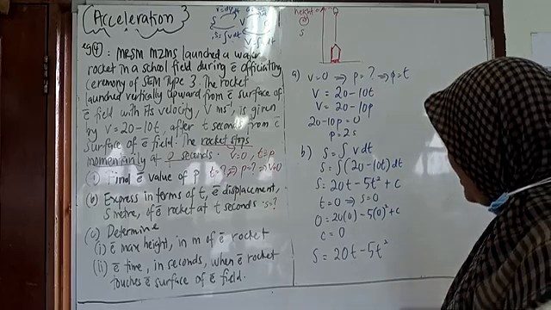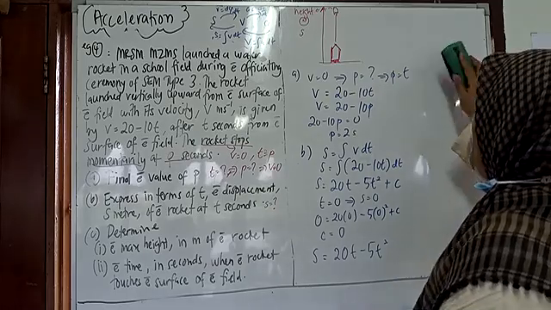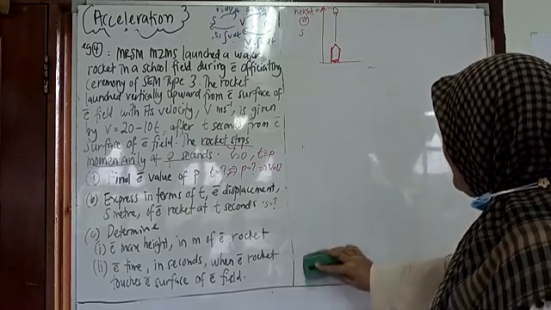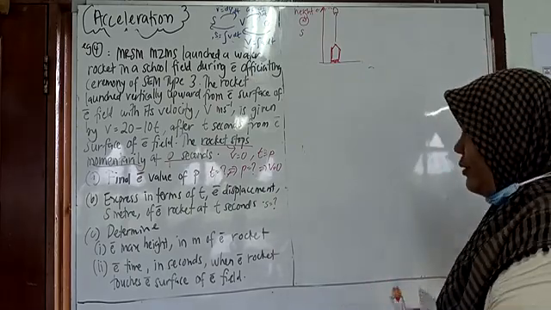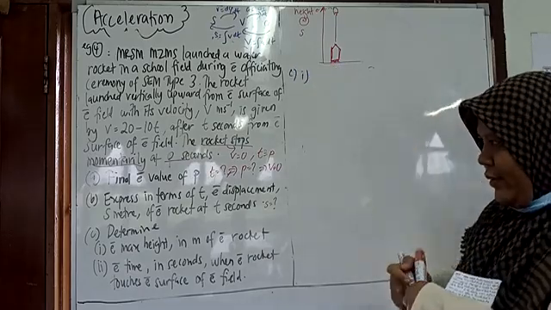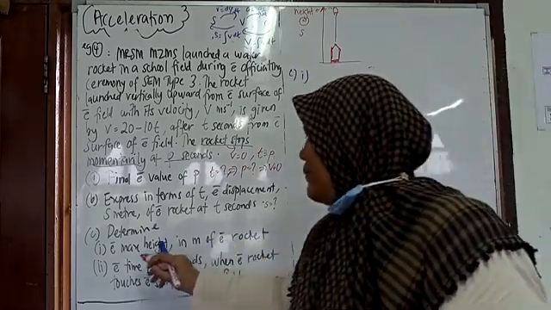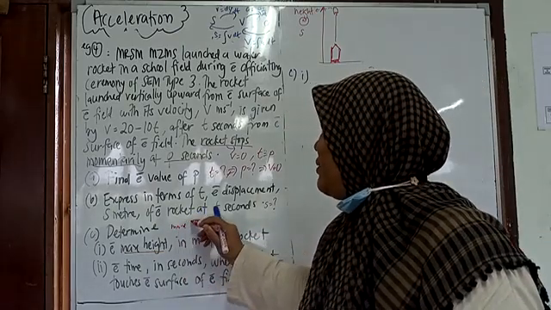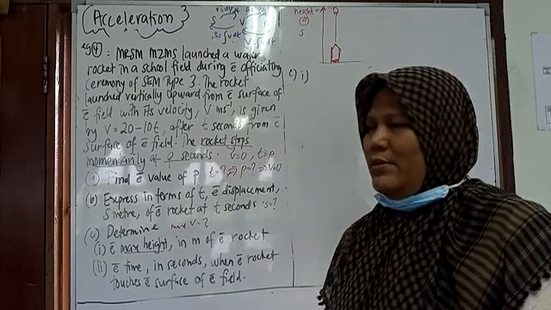So how about C? Okay, C1. Find the maximum height of the rocket. So max s.